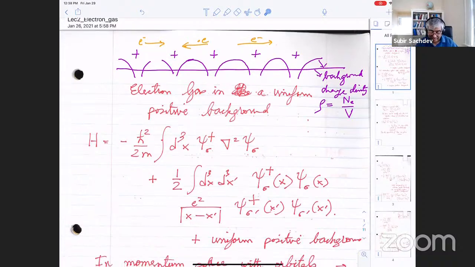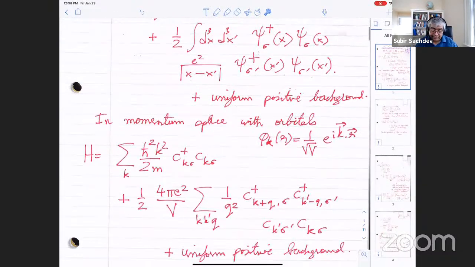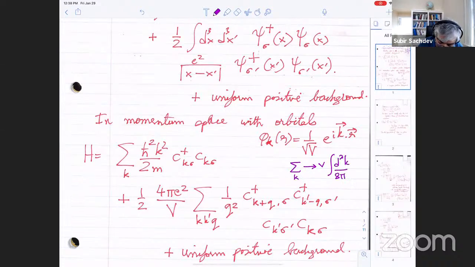So we pick the functions phi k, which are just plane waves. Now of course k is a discrete label, unlike space. And I presume you all know that when you sum over k, that's the same as the volume times the integral in 3 dimensions over 8 pi cubed.